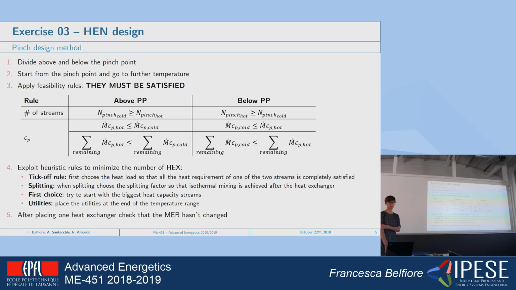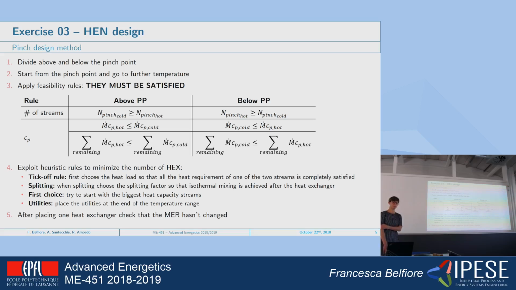As you have learned today, you have a series of rules that have to be satisfied. In particular, feasibility rules must be satisfied. The first rule is the number of streams. Above the pinch point, the number of cold pinch streams has to be greater than or equal to the number of hot pinch streams, and it's the reverse below the pinch point. Then there are two other rules regarding the heat capacity.